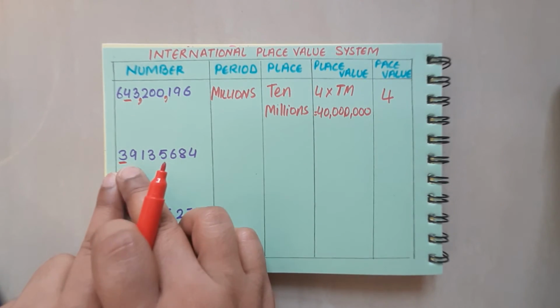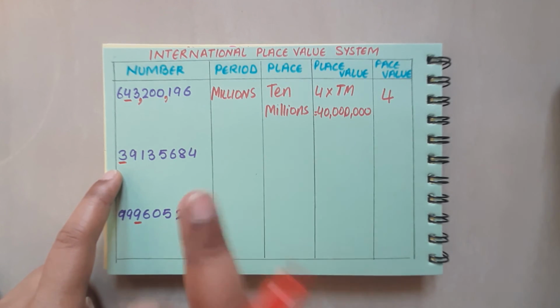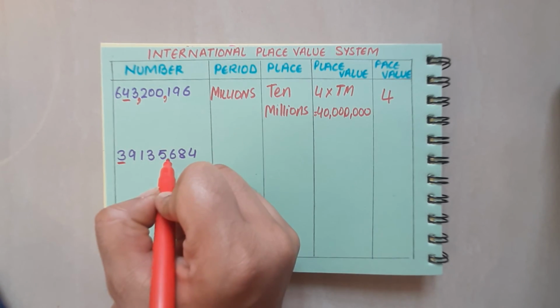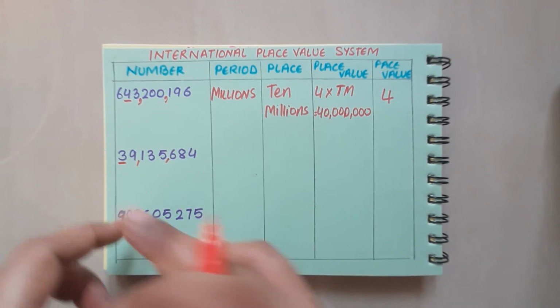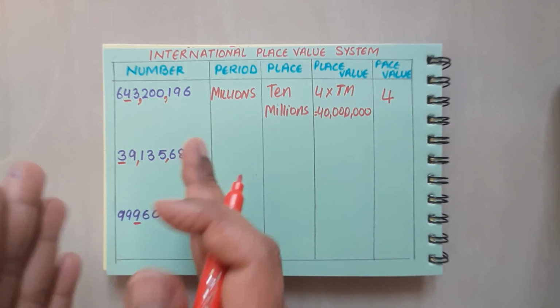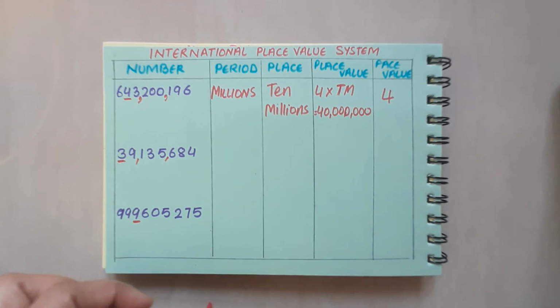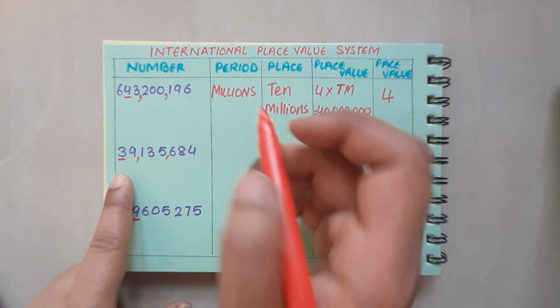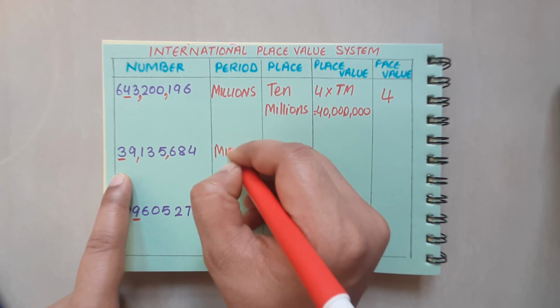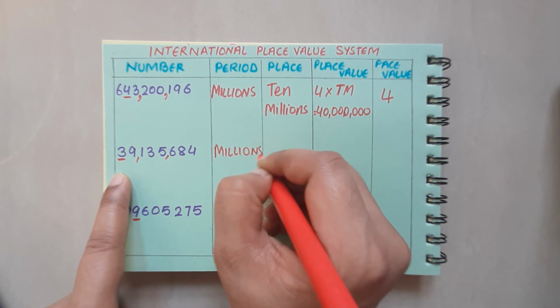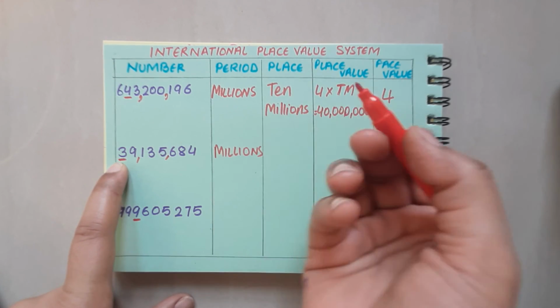Let me give you one more example. Then the last one, you are going to solve by yourself. First thing, we mark the periods. Ones period, thousands period, millions period. I'm just repeating so that a thorough revision is also done side by side. So which period? Absolutely, millions period. Which place? Oh, it is the same.